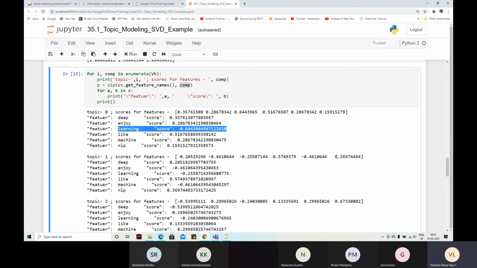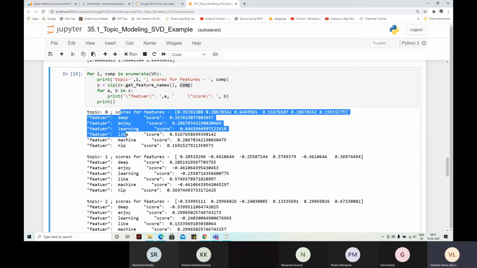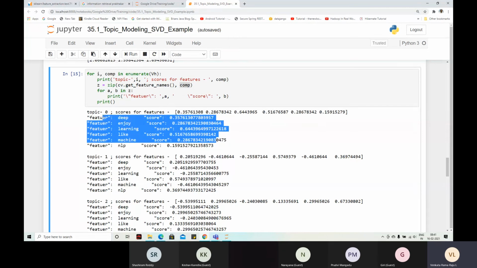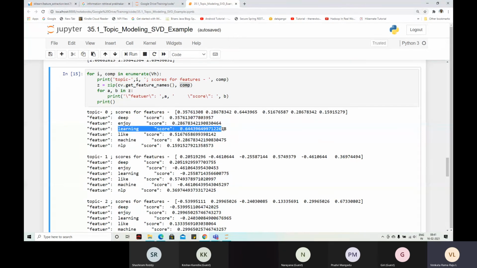Like this, you can take huge documents and calculate some kind of score for each word, take the highest scored words and say that the documents are talking about that particular thing. That's called topic modeling. Tomorrow we'll see big data.